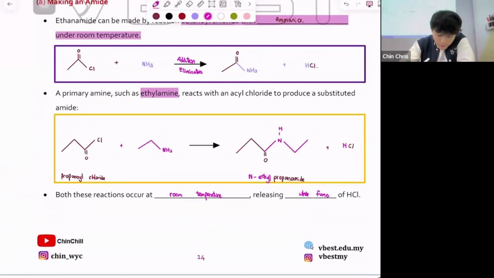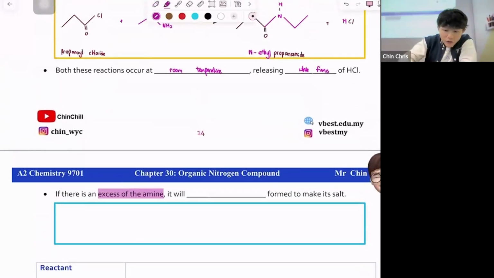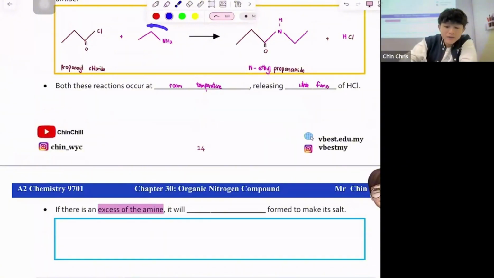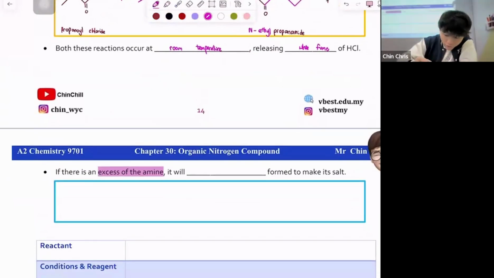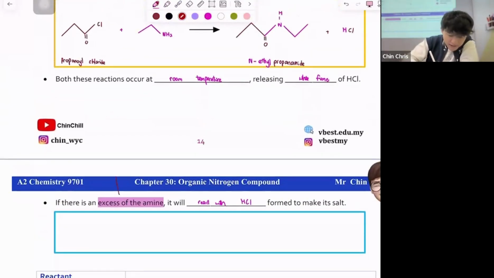All right, guys, next. Okay, let's say if you have excess amine, how? So, guys, if you have a lot of amine, this amine can substitute here again. So it will react with your HCl formed to make a salt. Guys, I put it here because there's another reaction.